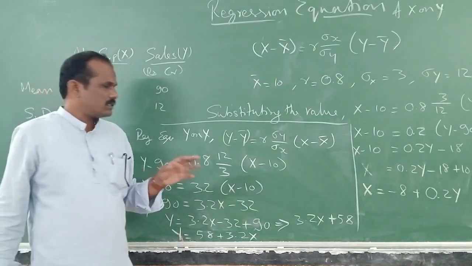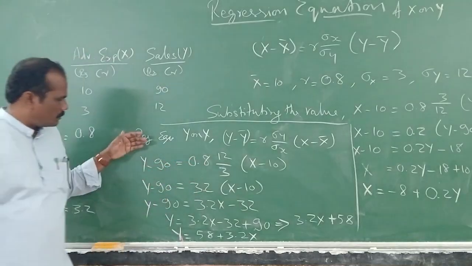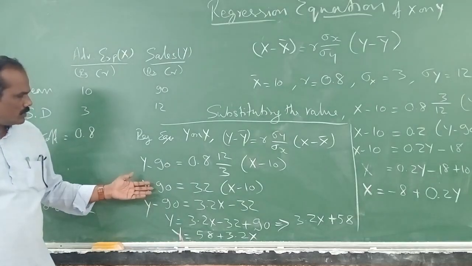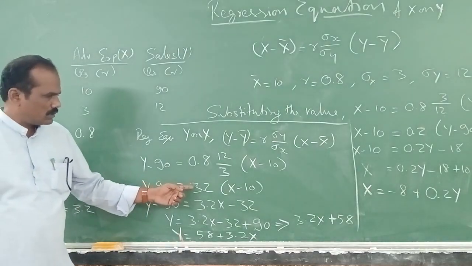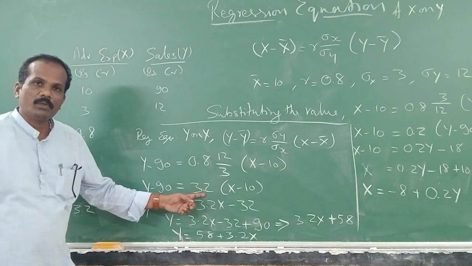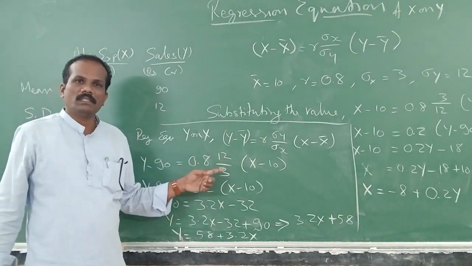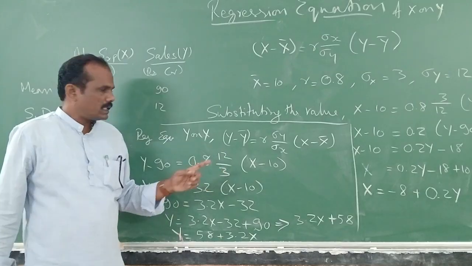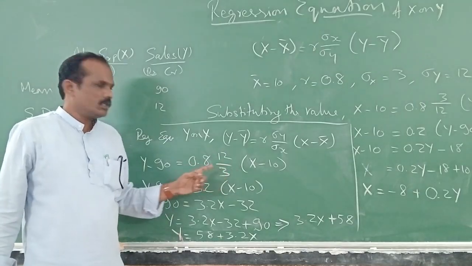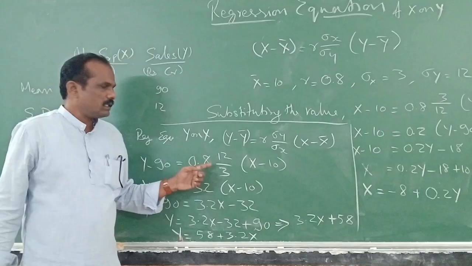Gentlemen, just check that here I have brought y minus 90 is equal to 3.2. How does this 3.2 come? When we divide 12 by 3 it is 4, and again multiplying that 4 into 0.8, right?